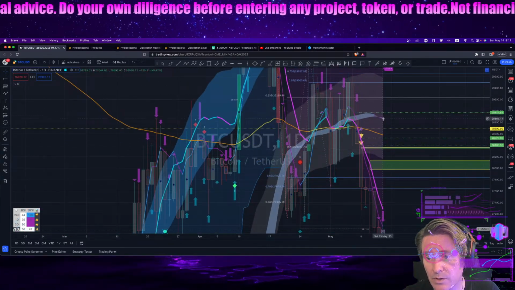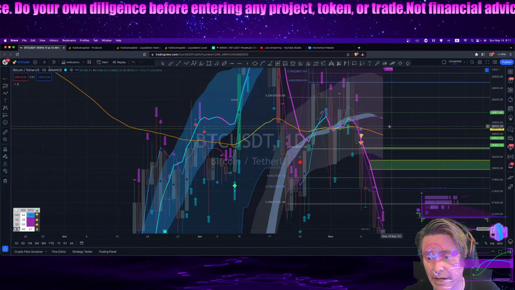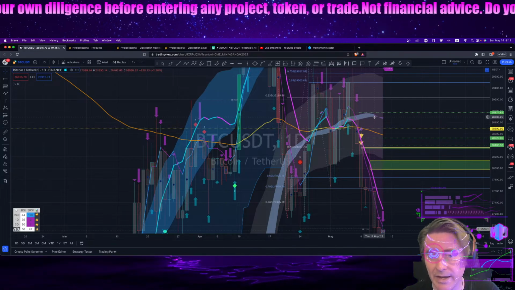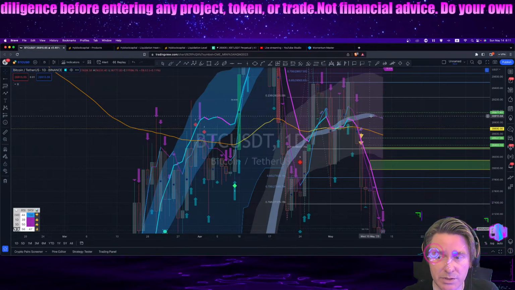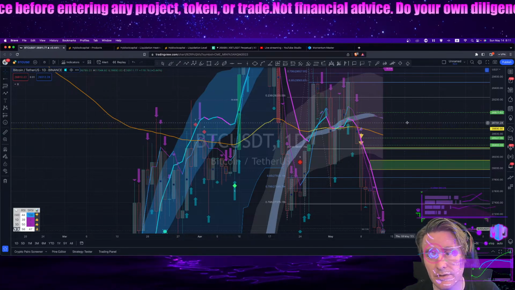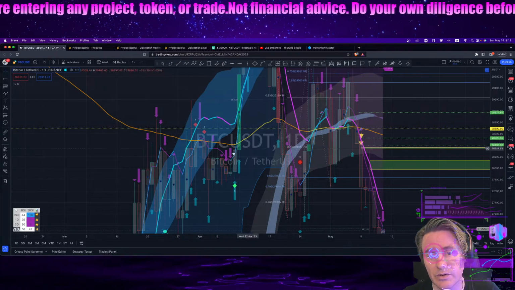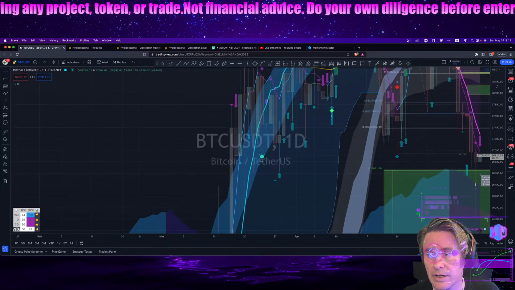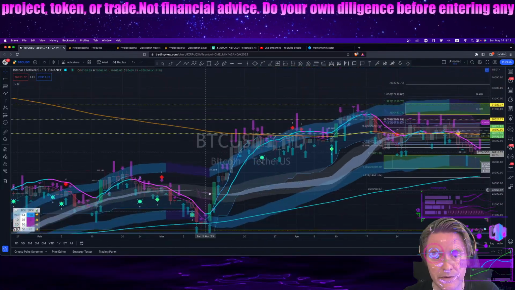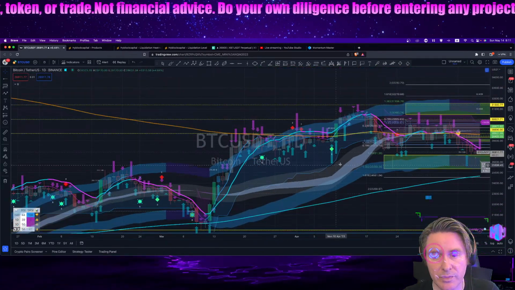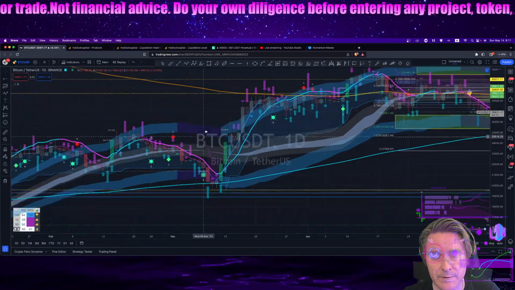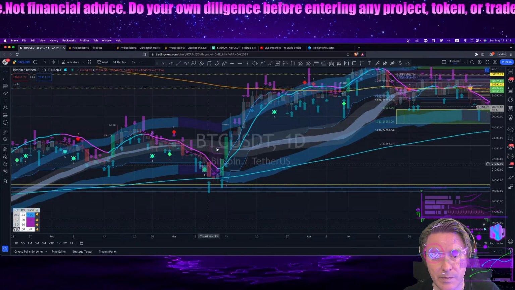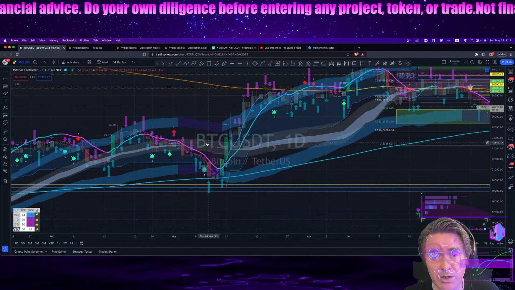What does that mean? Well, that means the volume is flowing out of the asset and it's a wake being created behind the boat, which is hard to turn. And so seeing this turn could occur, and it has happened before, where you have these minor purples before you go back up, similar to here in March.